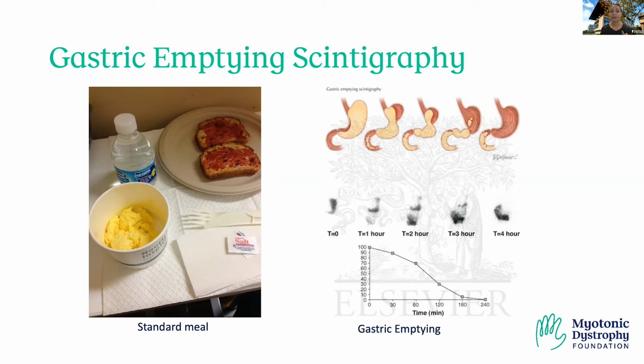You will be required to have a breakfast or the meal that is containing 4 ounces of egg beaters scrambled and 2 pieces of toast with some jelly, as well as 6 ounces of water. There will be some radioactive isotope in the scrambled egg. It doesn't have a taste, but it will allow us to identify the emptying in the stomach.